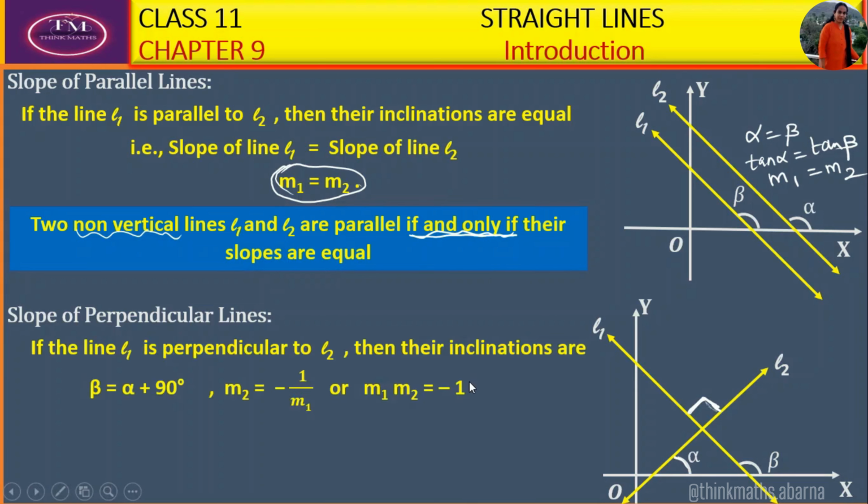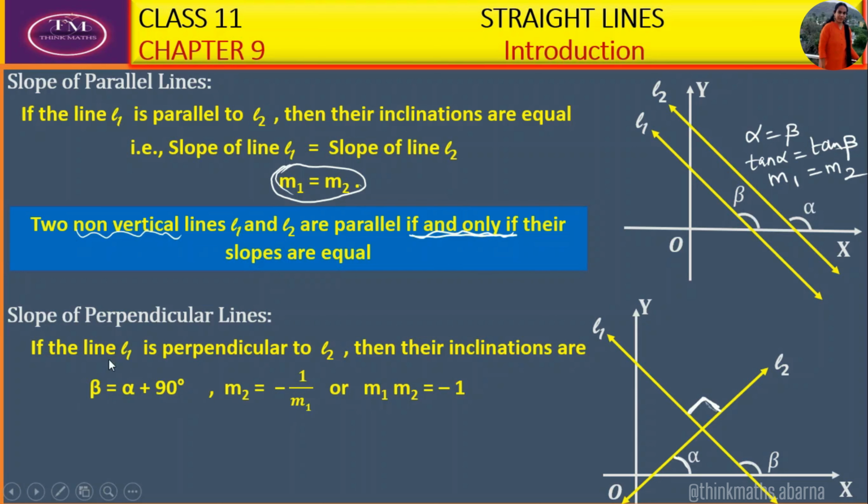If it is so, what is the condition for their slopes? If you multiply their slopes, it will be minus 1. That is m1 into m2, tan alpha into tan beta, will be minus 1. Or you can say m2 is equal to minus 1 by m1. That is, one slope will be the negative inverse of the other slope.